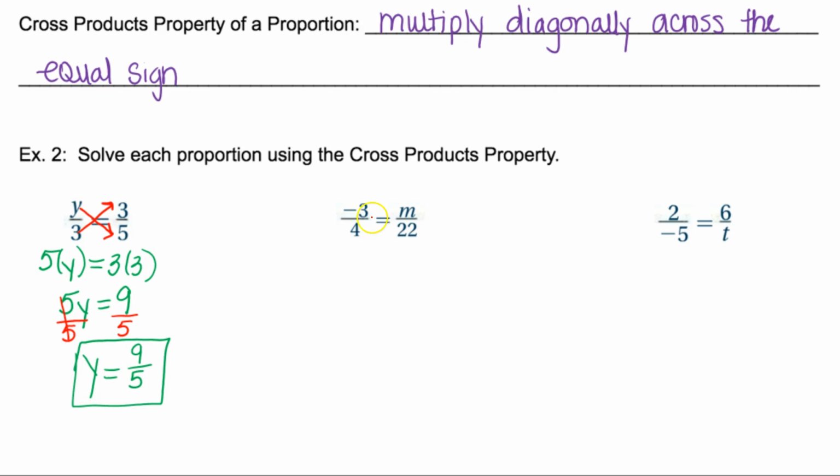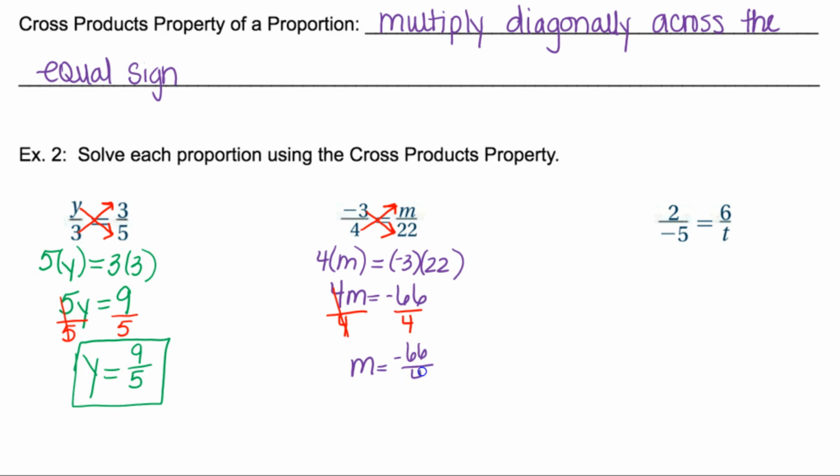The next one, again, we're going to cross multiply here. So I have 4 times m equals negative 3 times 22. So when I simplify, I have 4m equals negative 66. I'm going to come in here and use my division property of equality and divide both sides by 4. So m equals negative 66 over 4.